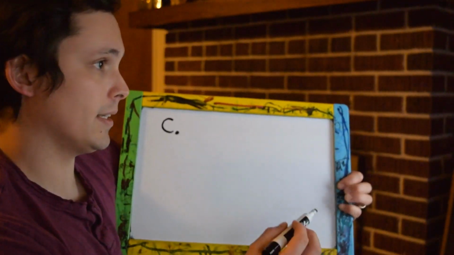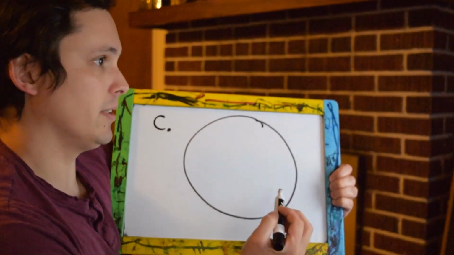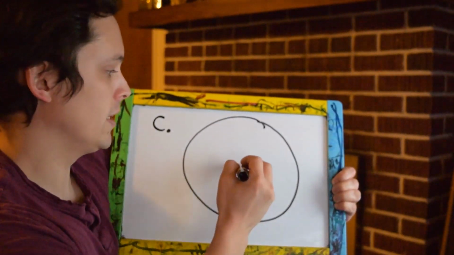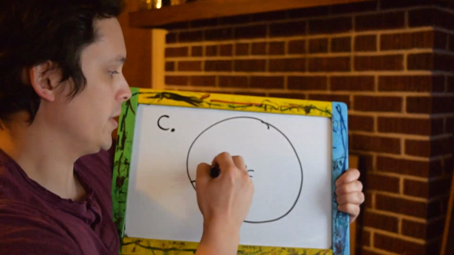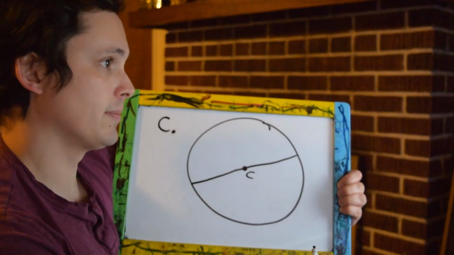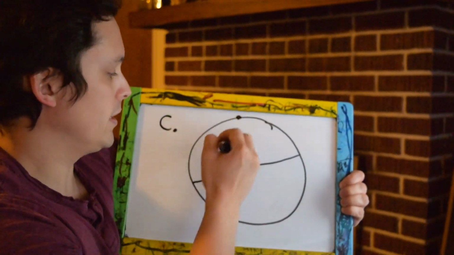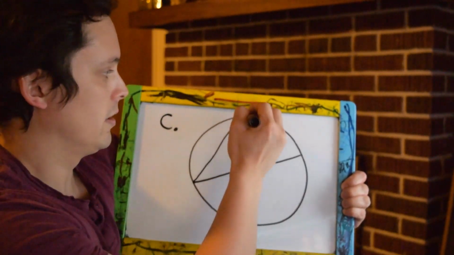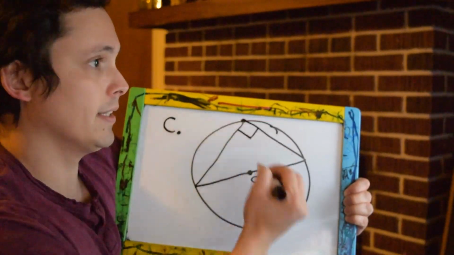All right, C, getting a little more complicated here. We have a circle. We have center C. We have a diameter going through center C. And we have a right triangle because we know that we have a 90-degree angle here.